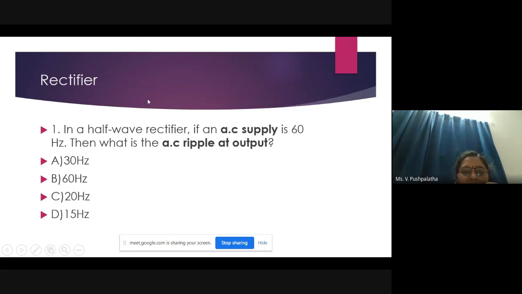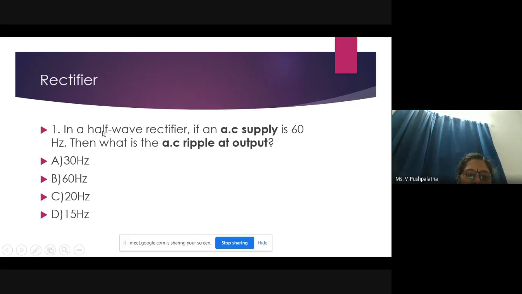Now, the first question is based on half wave rectifier. In a half wave rectifier, if an AC supply is 60 Hertz, then what is the AC ripple at output? First, let me clarify what is a rectifier. A rectifier is nothing but it will convert AC to DC, that we all know, right?